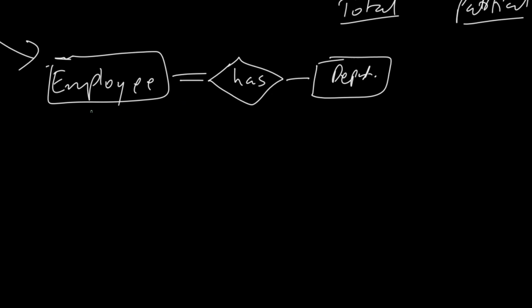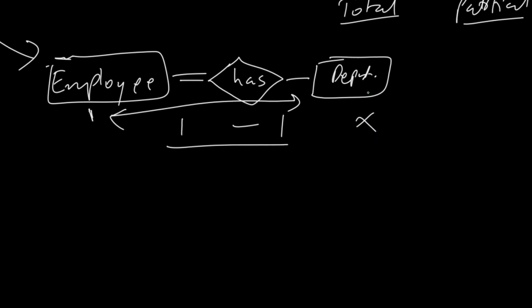Each employee must have a department. It has to have one. There cannot be any employee without a department at all, because each employee will be participating in the relationship. That means they are doing a total participation in that relationship.